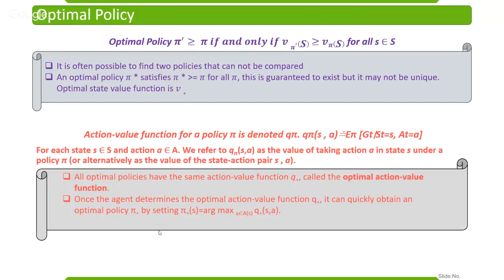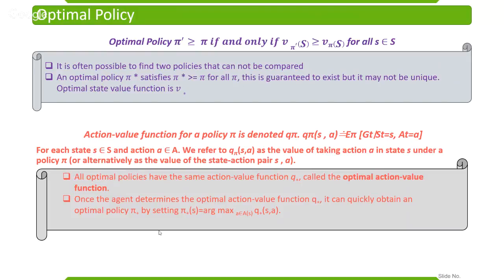We also denote the optimal policy by pi star. It's again the same statement, reiterating the same thing. The policy pi star would be greater than or equal to pi for all pi, and it is guaranteed to exist, but it may not be unique.